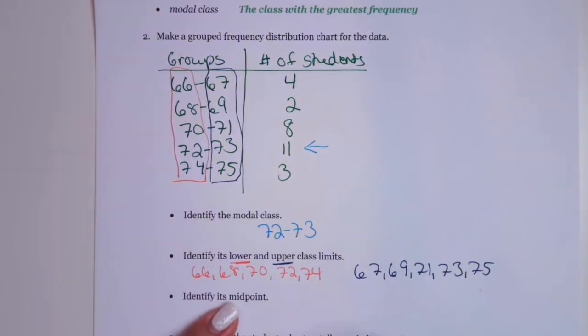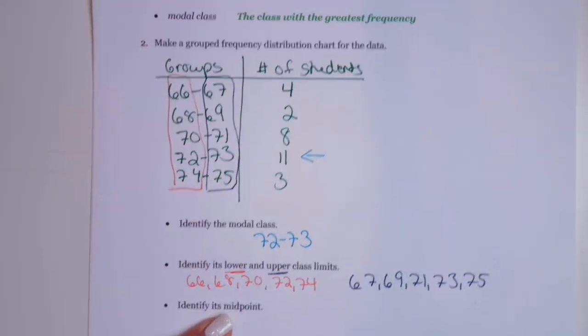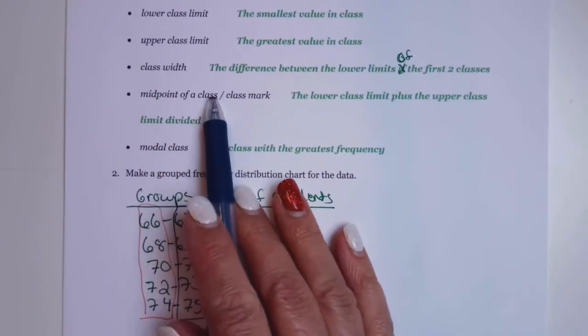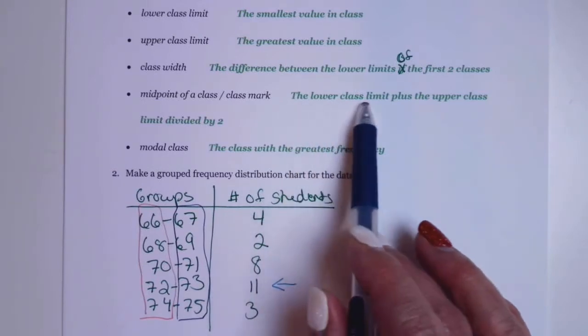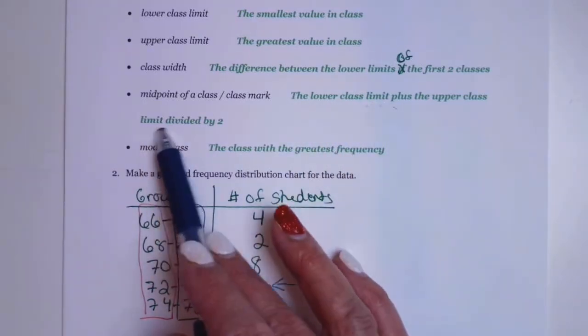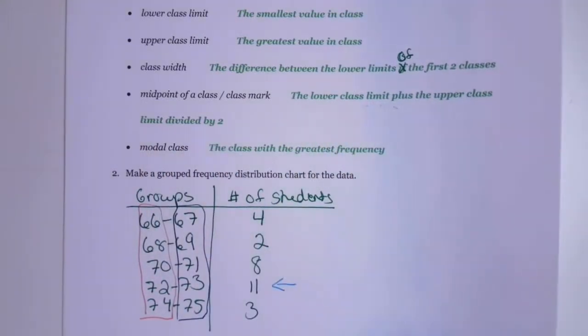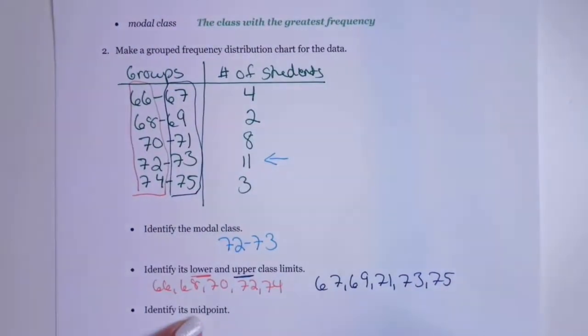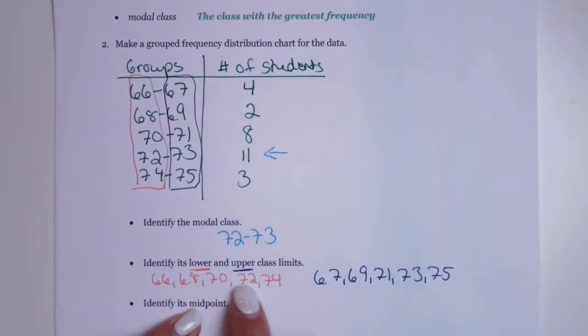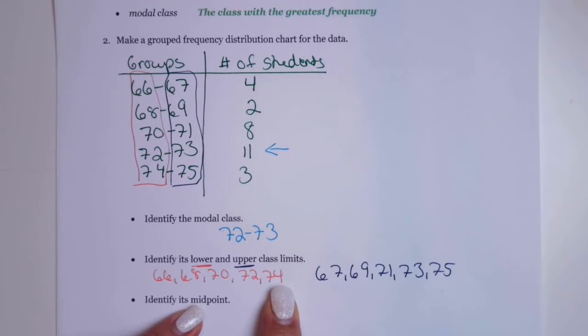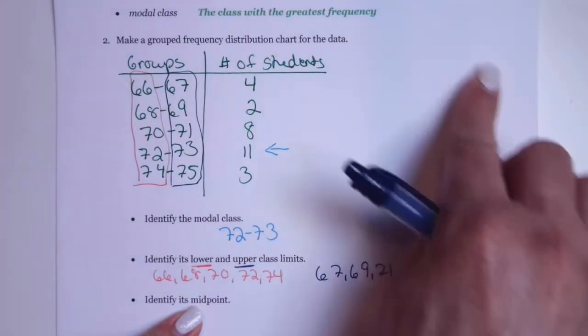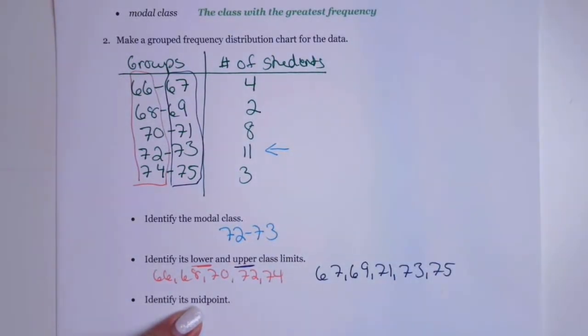And now we're going to identify its midpoint, meaning the midpoint of a class: the lower class limit plus the upper class limit divided by 2. I'm going to rewrite these over here because it's just easier that way.